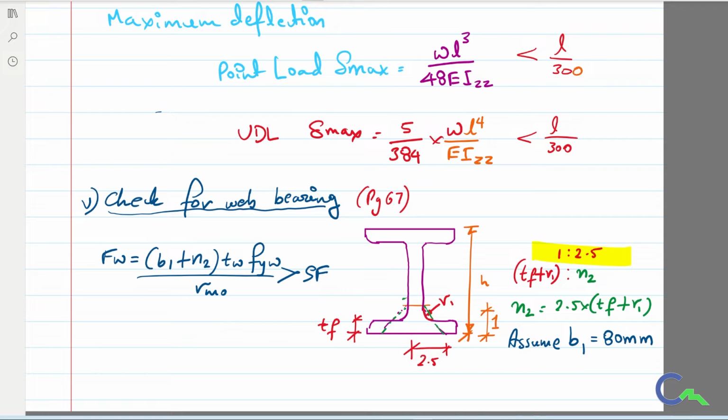In the vertical direction TF plus R1, that is the height. So N2 I have to calculate. If I do the cross multiplication, I will get this particular formula for N2. B1 is most of the time we are going to assume as 80 mm. By using this formula we have to substitute all the values, and whatever the value I get should be greater than the shear force.